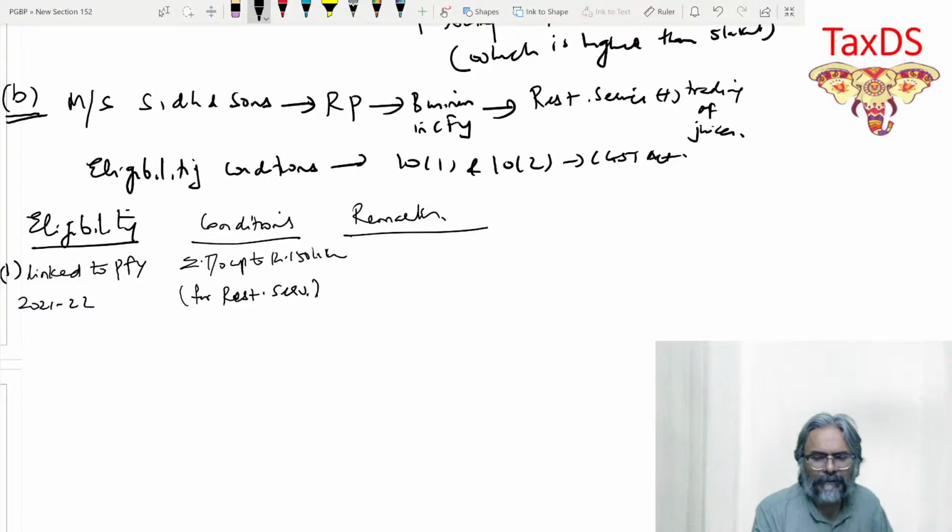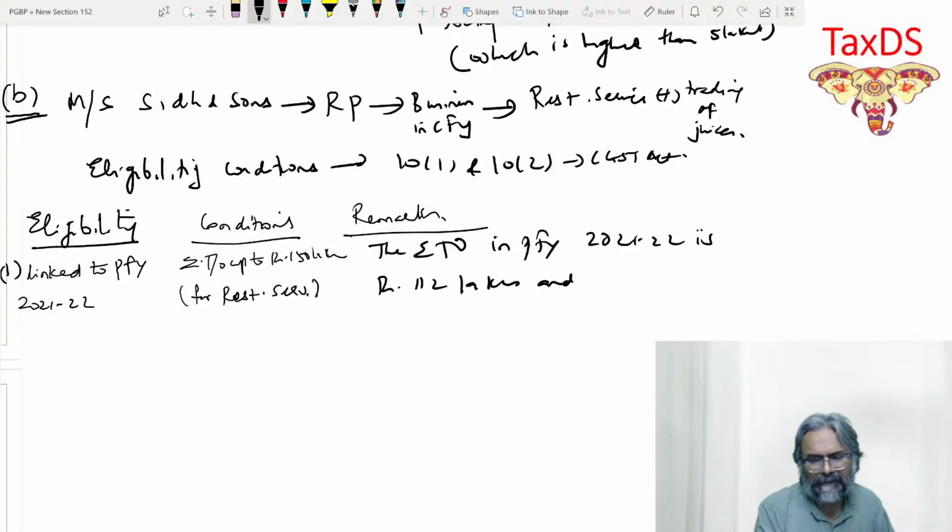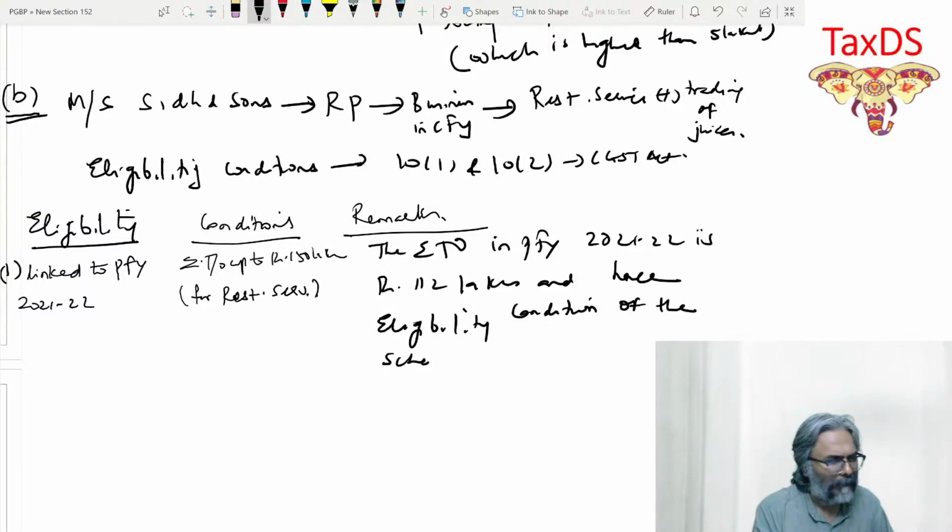Now just putting up the remark: the aggregate turnover in the previous financial year, 21-22, is rupees, how much is that, 1 or 2 lakhs. And hence, the eligibility condition of the scheme under section 10(1) and 10(2) is satisfied.